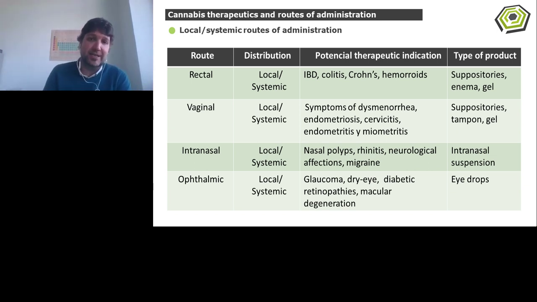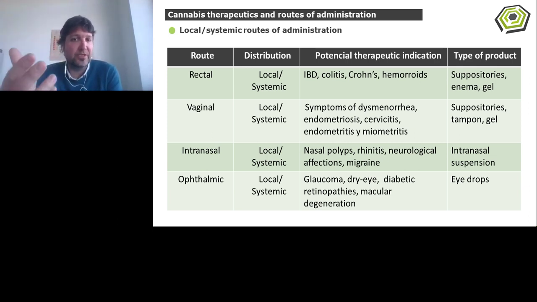In this case, the colon could benefit from suppositories or enemas or gels rather than from ingesting something by mouth. The same goes for dysmenorrhea, endometriosis, and other diseases of the endometrium in women.